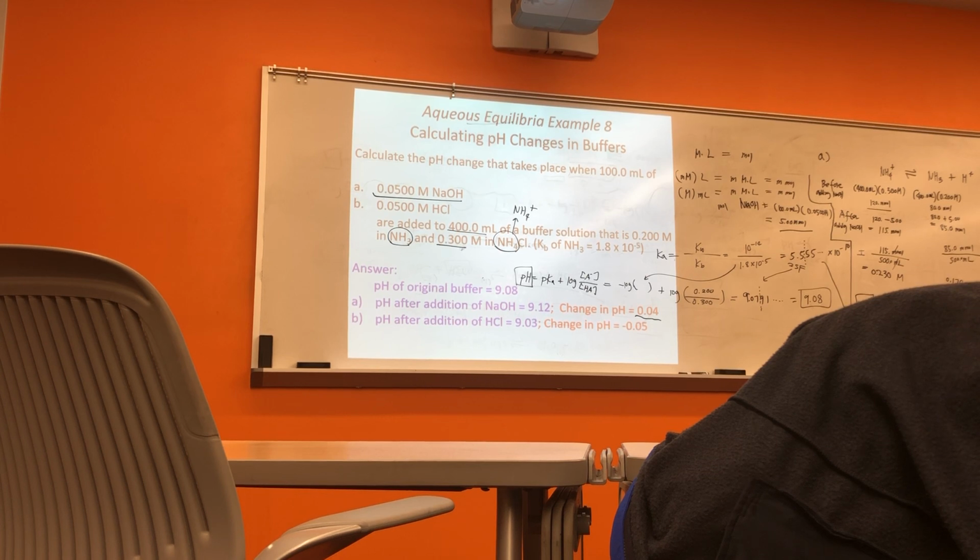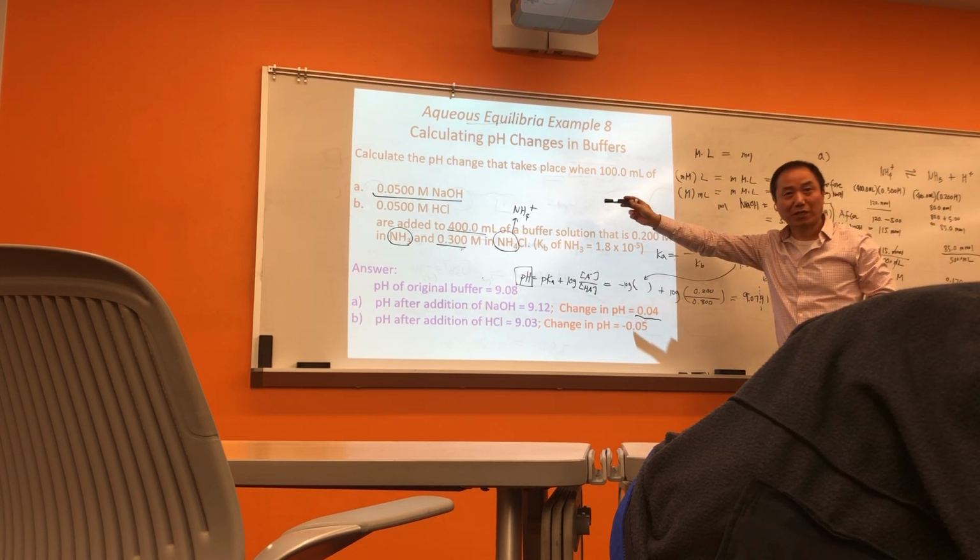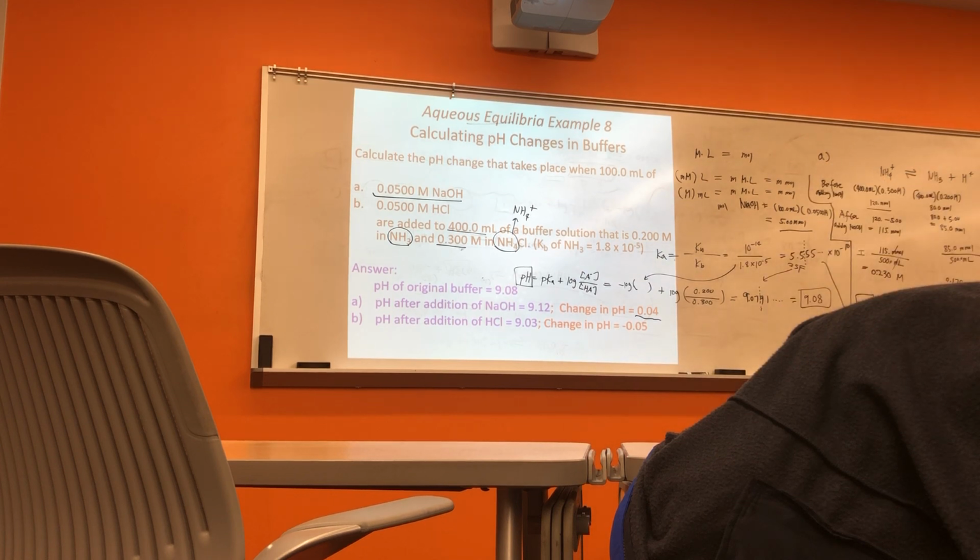Yeah. In that one, why do you add 5 instead of, in the other one you subtracted 5? So this time we are adding acid. So out of the buffer system, the conjugate base will neutralize that, right? So the base will be used.